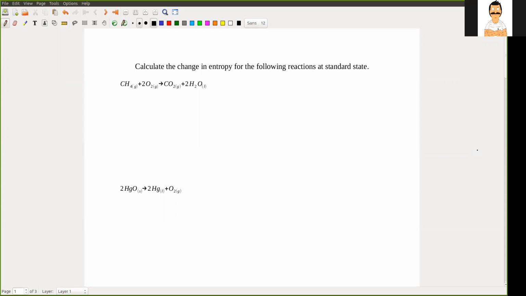This is very much similar to Hess's law back in thermochemistry that you experienced last semester, where the total change in entropy of the reaction, we'll call that delta S reaction, at standard state is equal to the sum of the delta S at standard state for the products minus the sum of the change in entropy at standard state of the reactants.